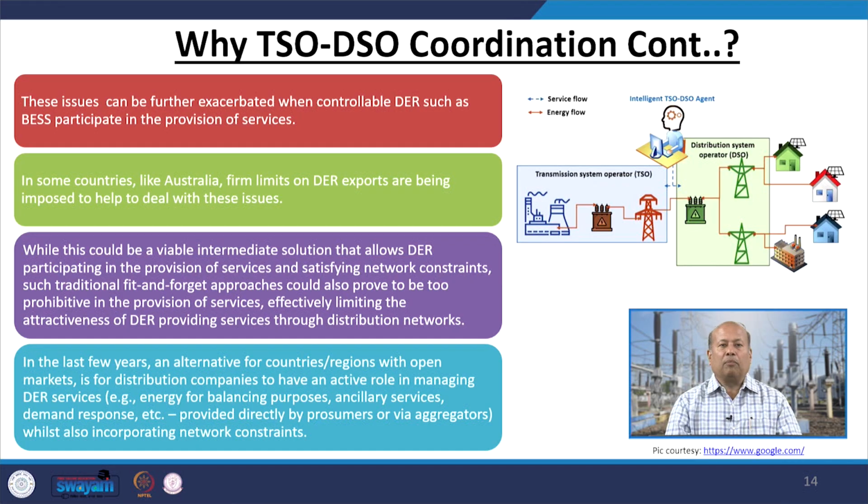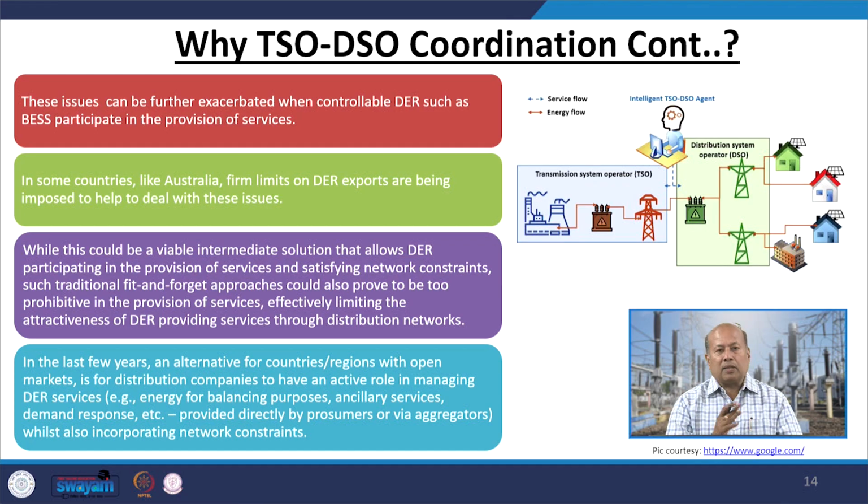While this could be a viable intermediate solution that allows DR participating in the provision of services and satisfying network constraints, such traditional fit-and-forget approaches could also prove too prohibitive in the provision of services, effectively limiting the attractiveness of DR providing services through the distribution network.